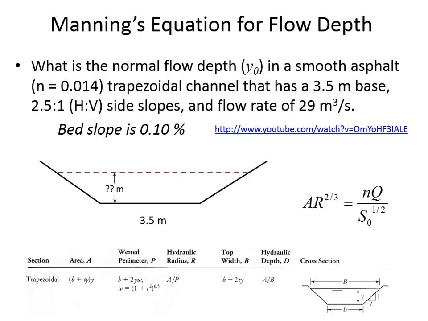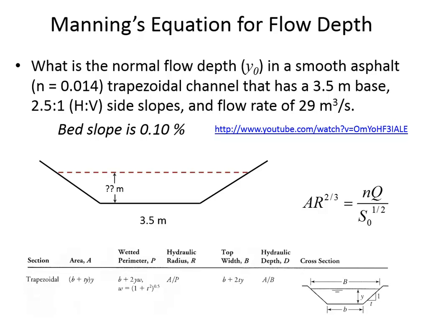Here we have a roughness value, Manning's N is 0.014, and the flow rate is 29 cubic meters per second. We're going to find the flow depth for a slope of 0.1%. So let's summarize all those parameters that you're going to be putting into the equation once you enter it.